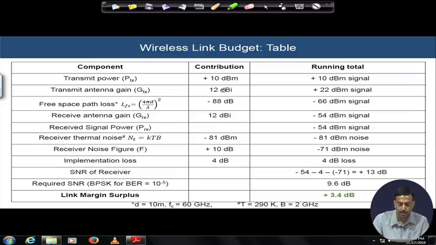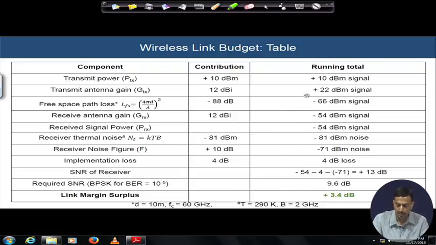We have about 24, that is 12 plus 12 dB of gain, which can now be harnessed in order to design a feasible system which gives us a link margin surplus.